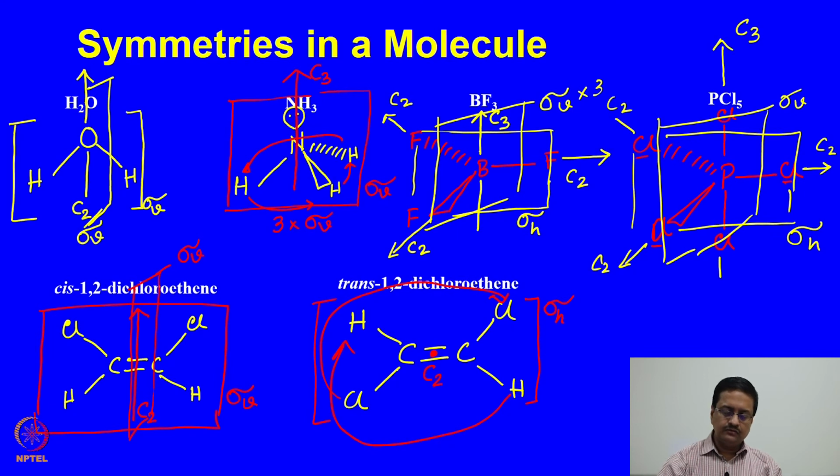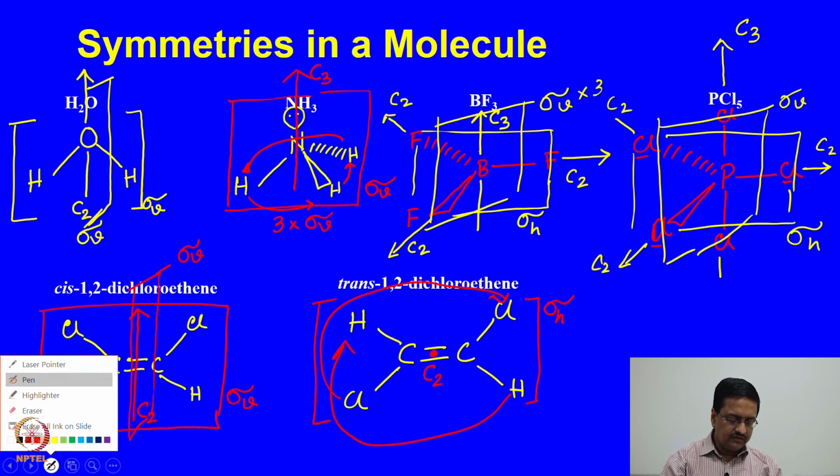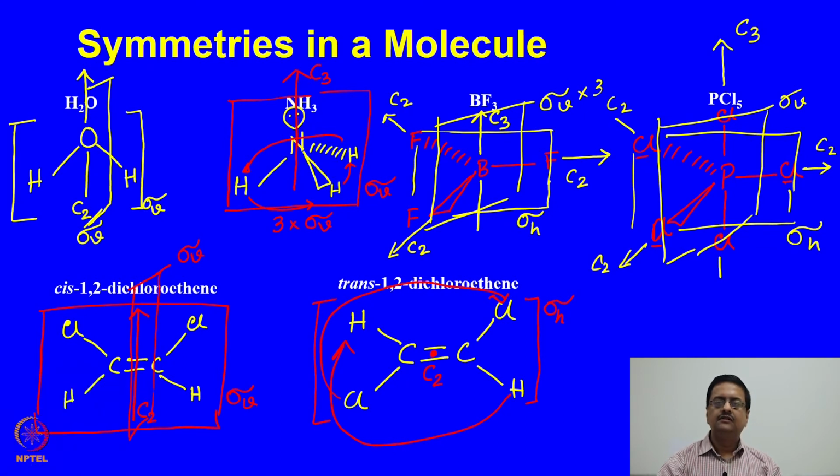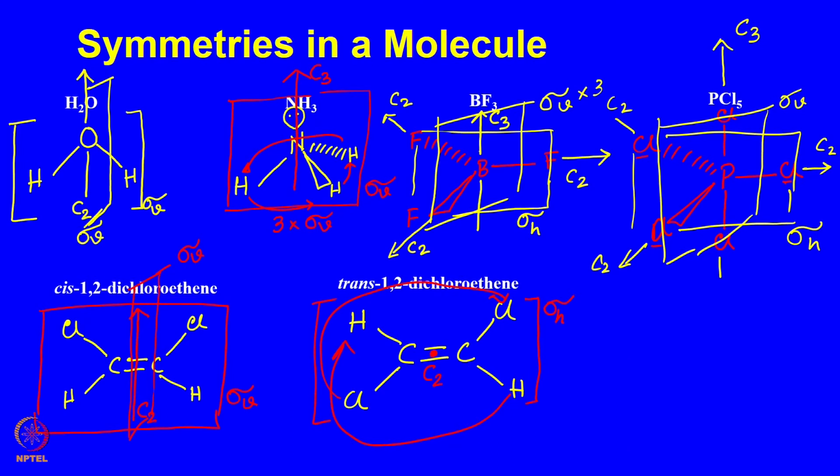What one can do is to understand this in a different way: one can draw the molecule perpendicular to the plane of projection, which I am trying to draw here, slightly small.